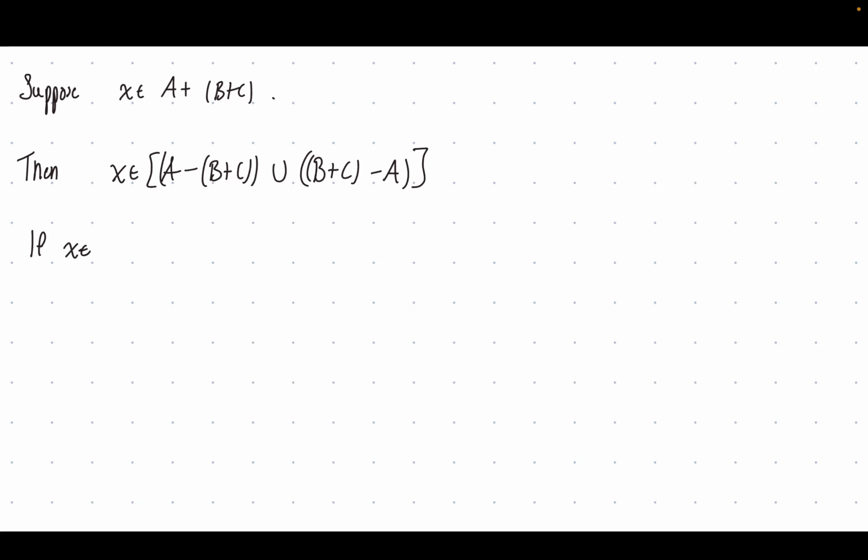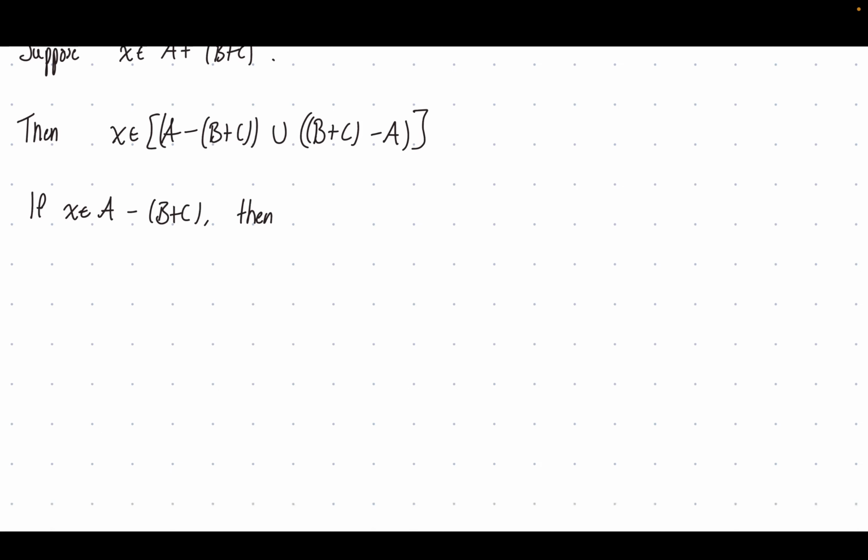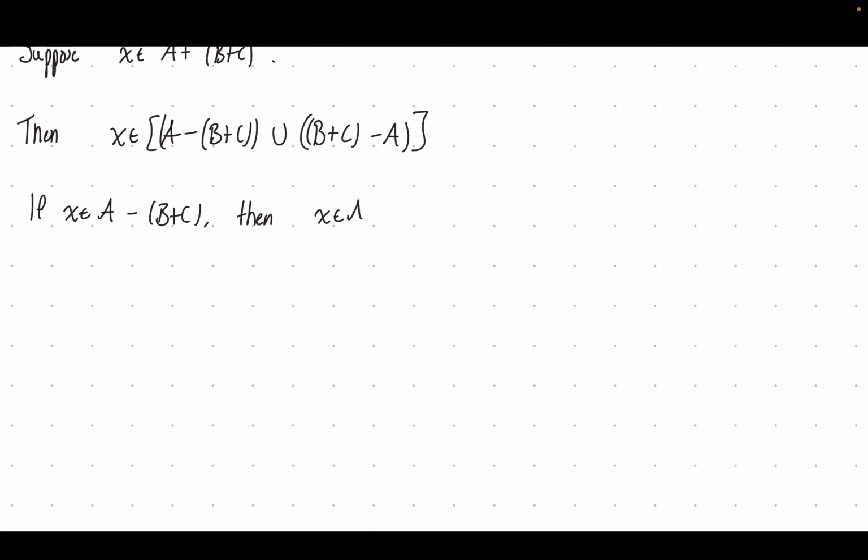So if X is in A minus B plus C, then X is in A, X is not in B plus C. And then by lemma 3, not gonna lie, I forgot why I wrote down those lemmas, but now I'm remembering.